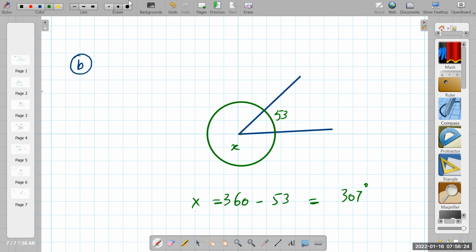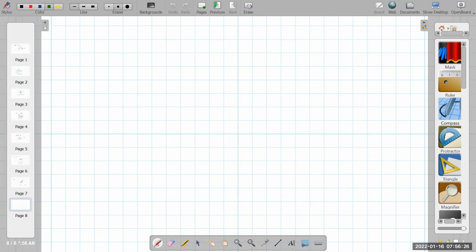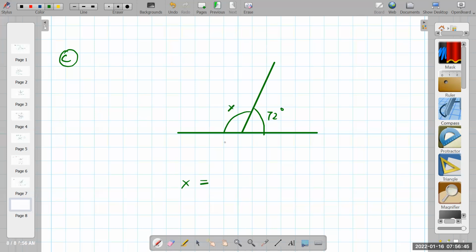Now C. 72 degrees and x. X will be equal to the answer, 130.